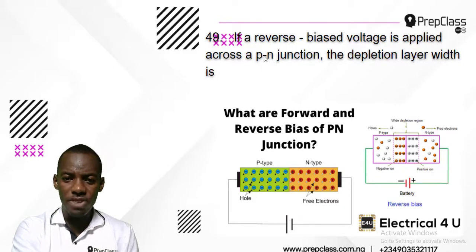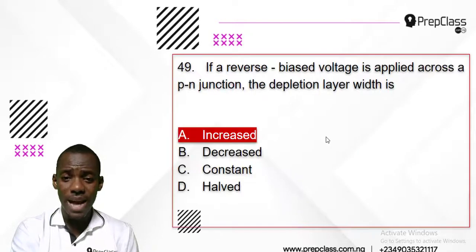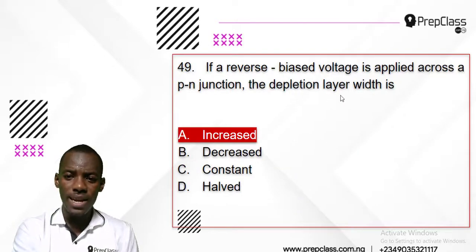This gap between them is called the depletion layer. And whenever there's a reverse bias, it makes this layer become wider. It becomes increased. That means the answer to that question is simply an increase. The depletion layer gets wider when it is a backward bias voltage.